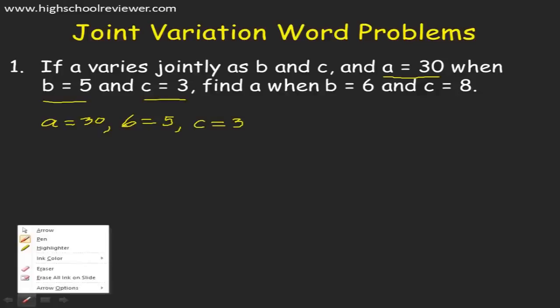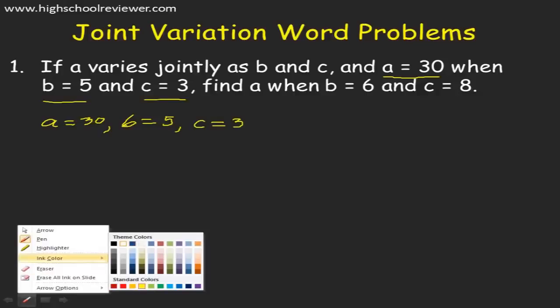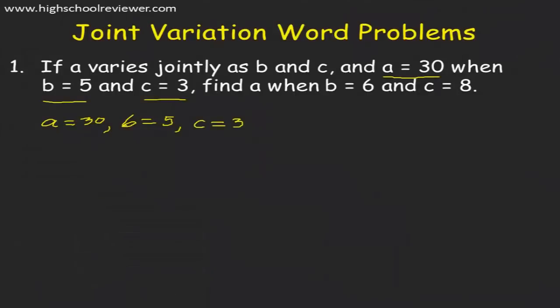So we need to write the joint variation equation, and that is A would be equal to, since A is the variable that varies jointly as B and C, A is on the left side. And then we have the constant of variation.